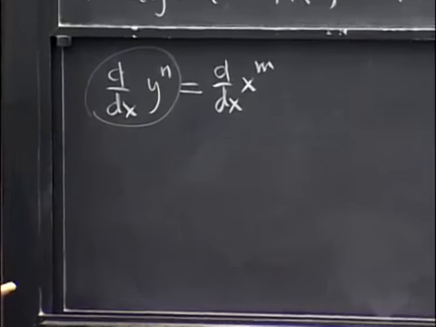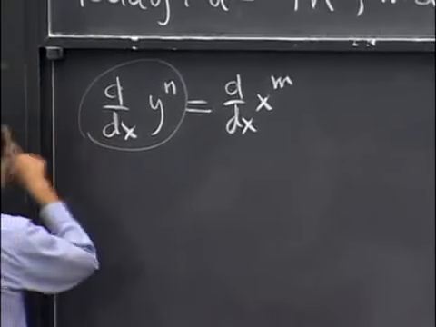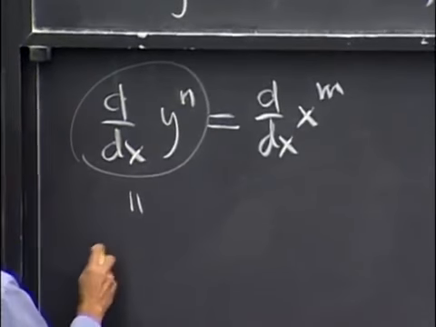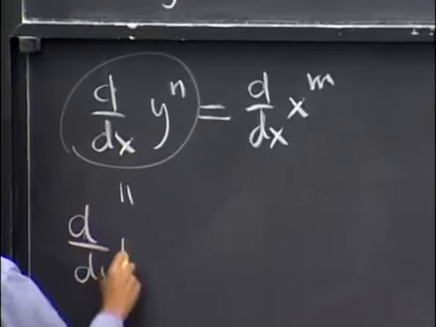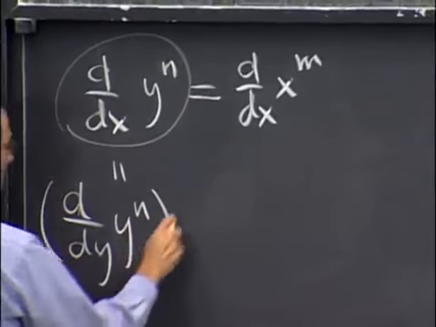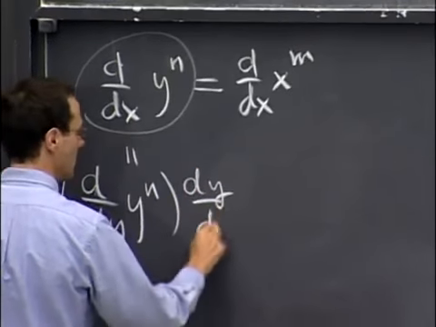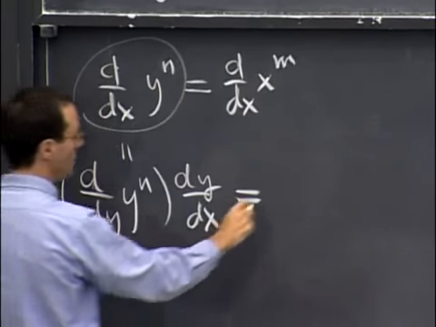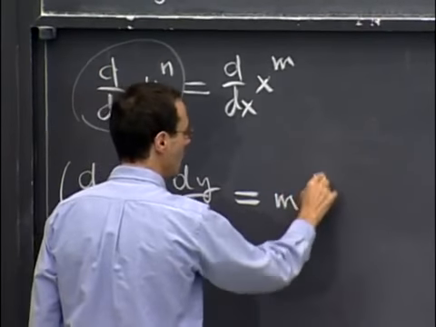So we have to apply the chain rule here. By the chain rule, this is d by dy of y to the n times dy dx. And then on the right-hand side, we can just carry it out. We know the formula. It's m x to the m minus 1.